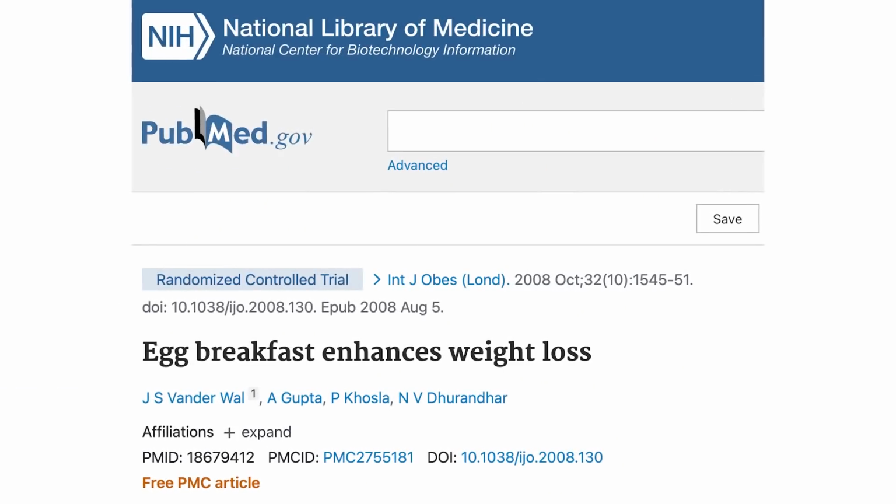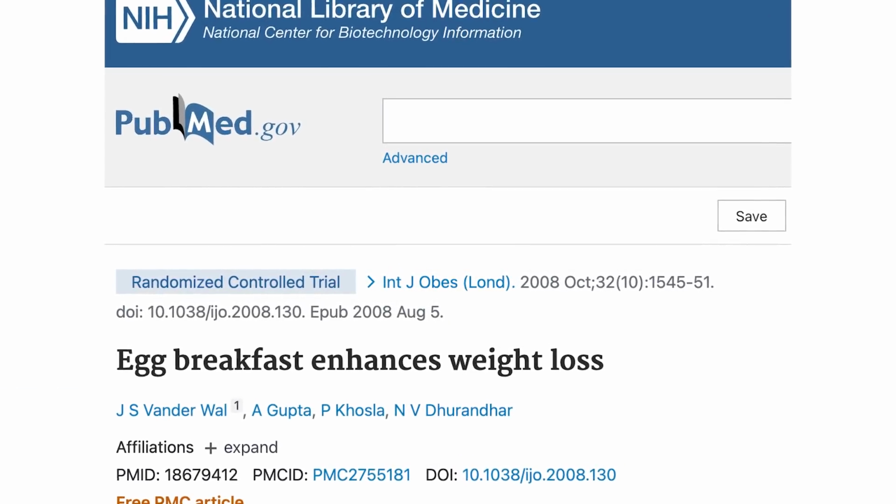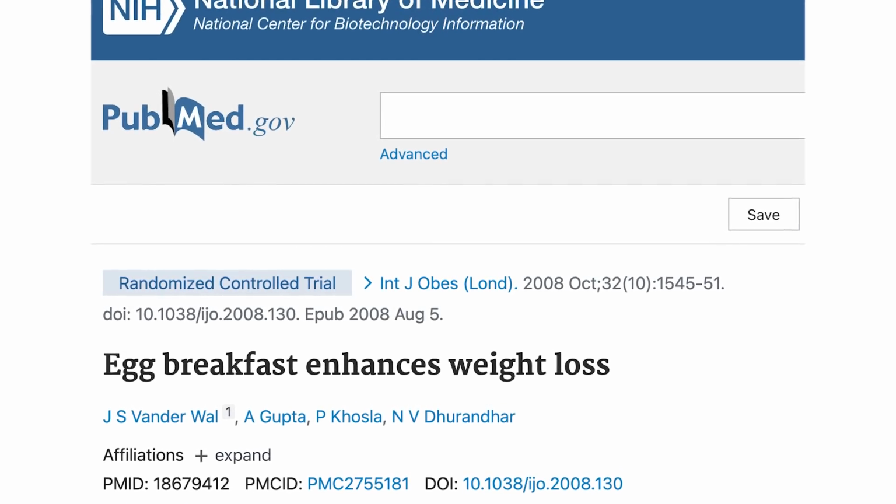Another study, this was conducted by researchers at St. Louis University in my hometown and published in the International Journal of Obesity. It sought to discover what happens with fat loss when you eat a high carbohydrate breakfast, which in this instance is a bagel, versus a high protein, high fat breakfast, which in this context is eggs, when the calorie count of each of the meals is exactly the same.